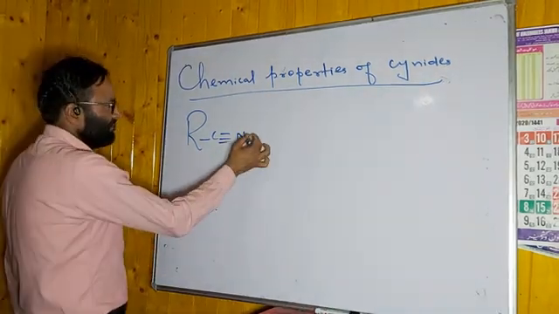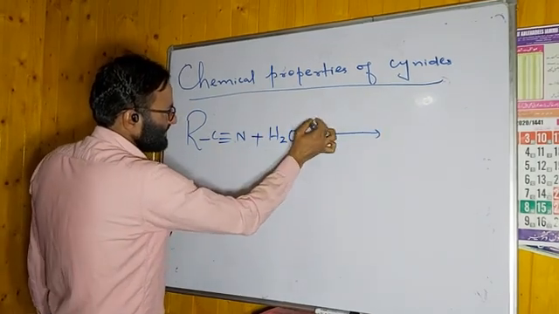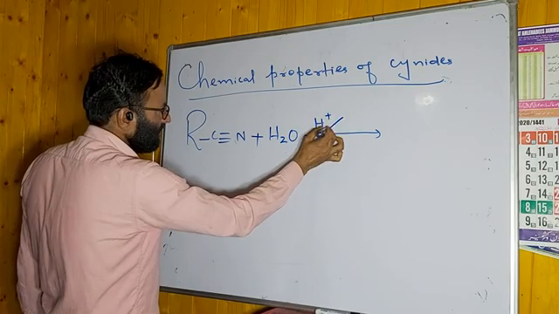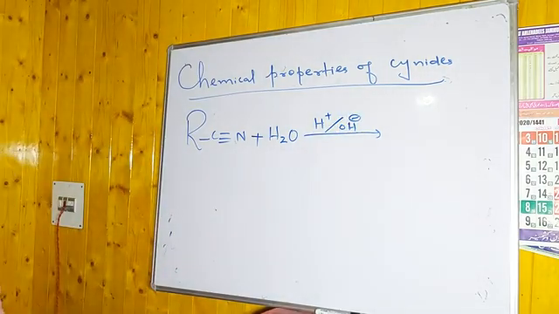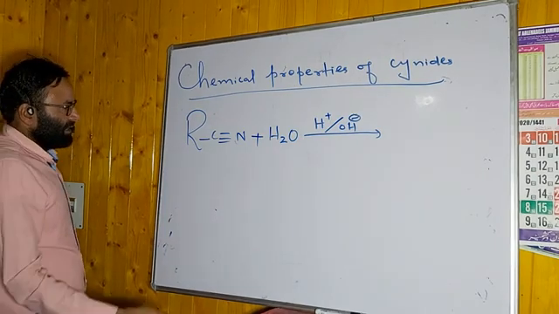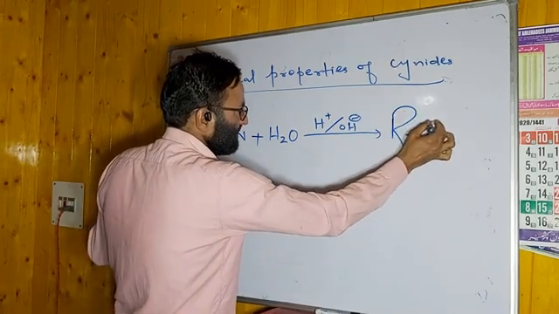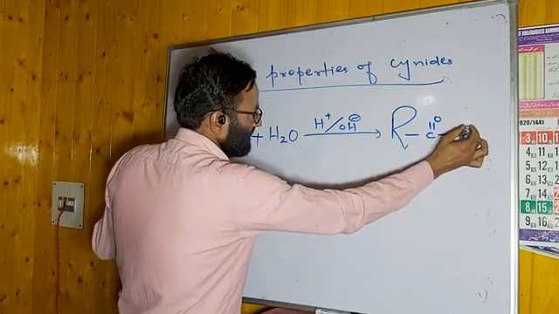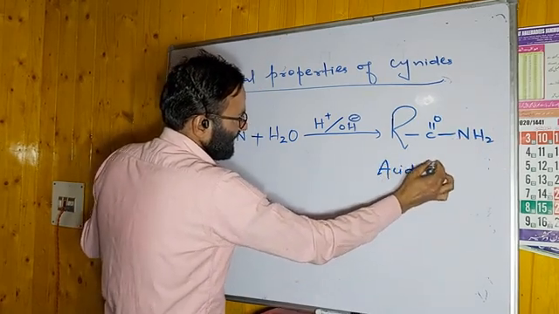You have to bring about hydrolysis, either acidic hydrolysis or basic hydrolysis; you can use either acid or base. What happens first? You get the amide. I will tell you the mechanism of this reaction also. You first get the acid amide.